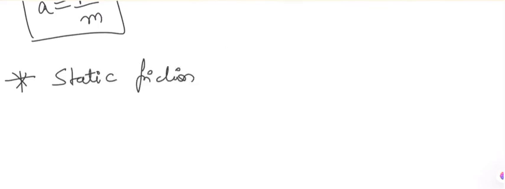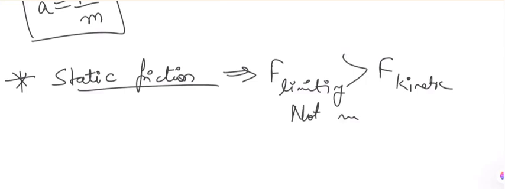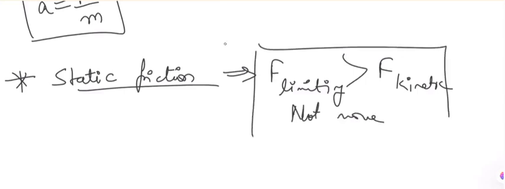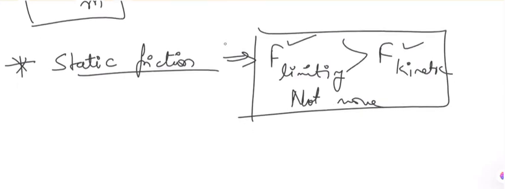So basically your static friction is nothing but when the F limiting is greater than F kinetic, then the object will not move, because frictional force of motion is less than the frictional force of limiting. Correct? Yes, ma'am.